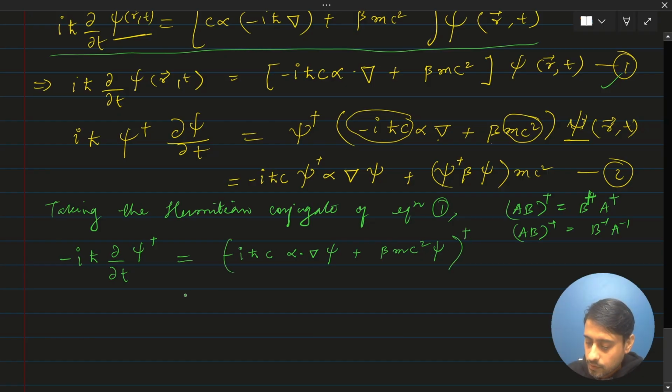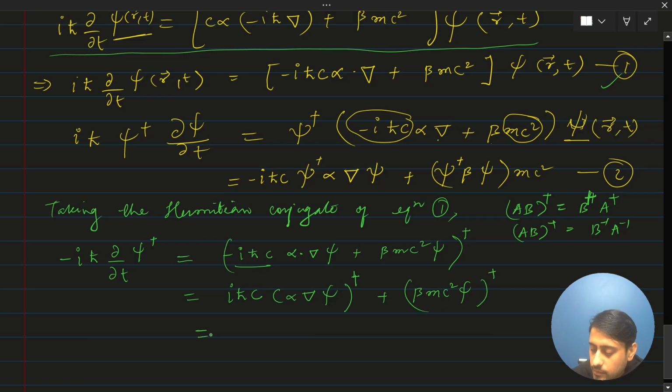This will give the conjugate of this term, but minus iota will give iota h bar c. These are the constants, but alpha, del and this psi, the conjugate of this, plus this beta mc square psi and the conjugate of this.